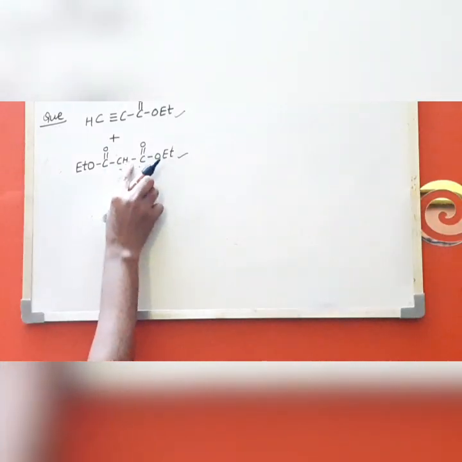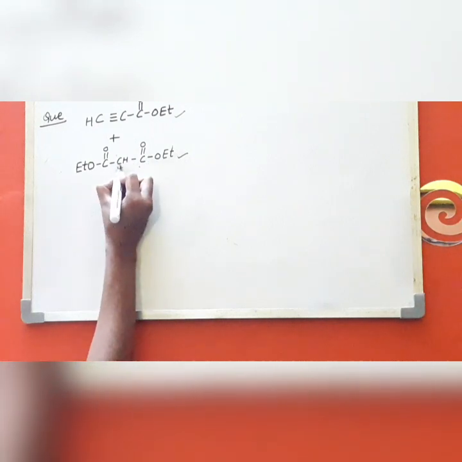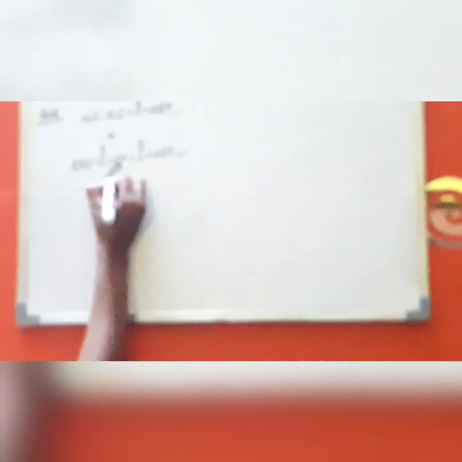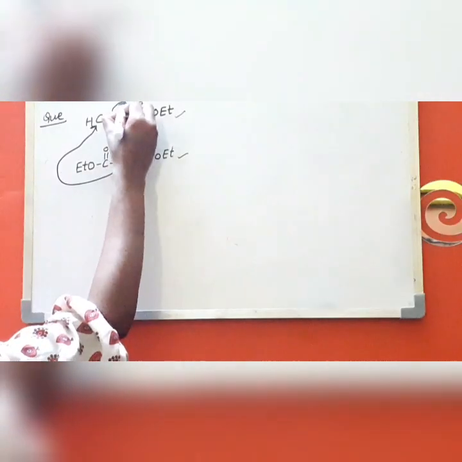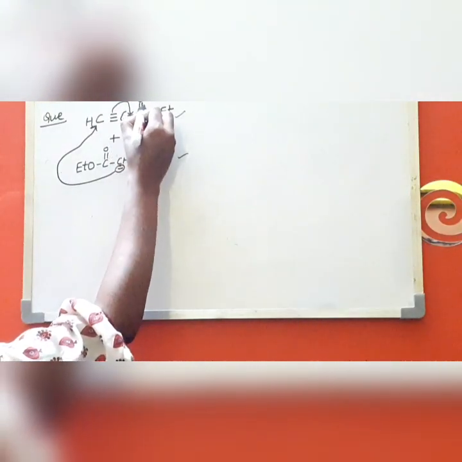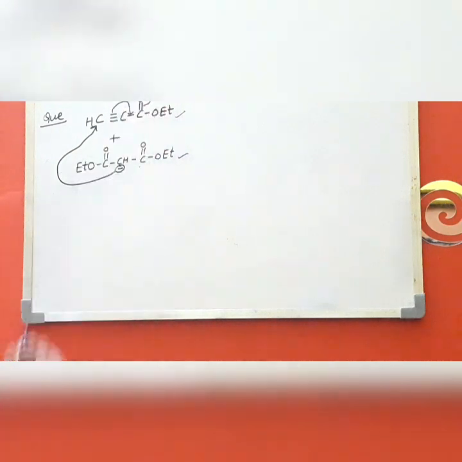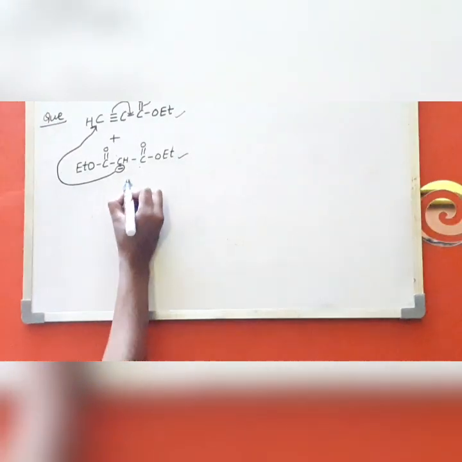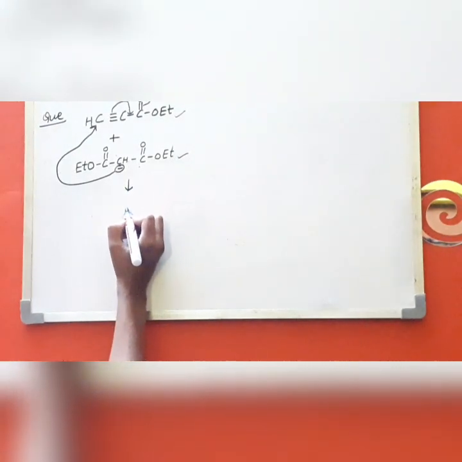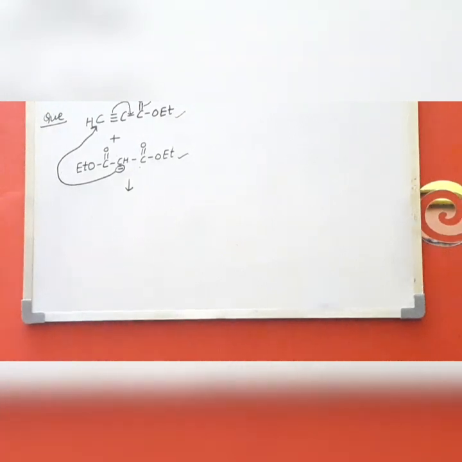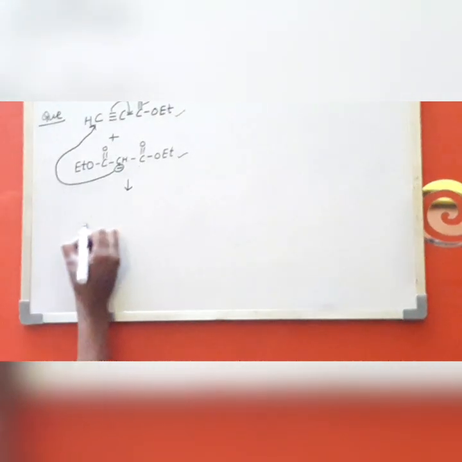In this case we can see that the active methylene group is present here. So we get the enolate ion, and this enolate ion is going to attack at the 1,4 position, the fourth position, and this triple bond will shift here, and this carbonyl bond will shift to the carbon, and we get the enolate ion in this way.